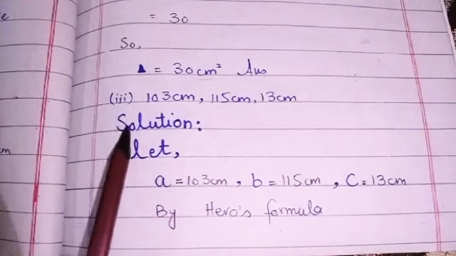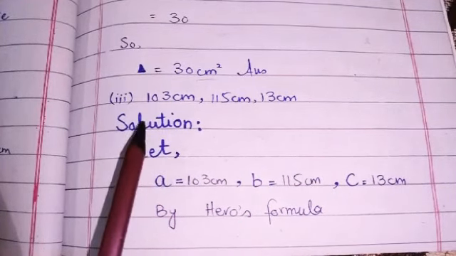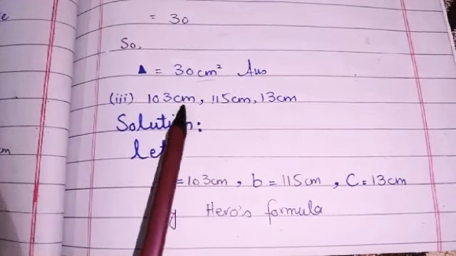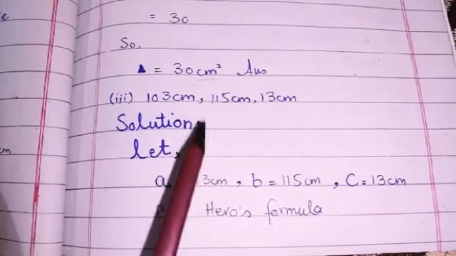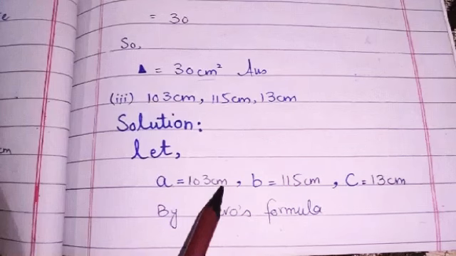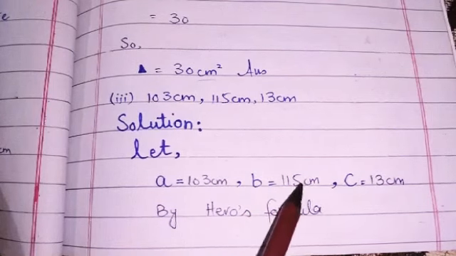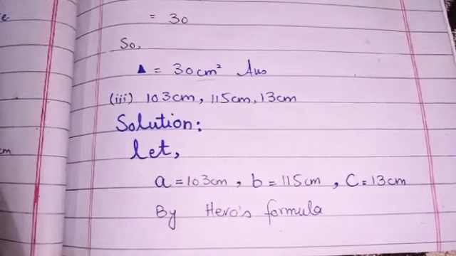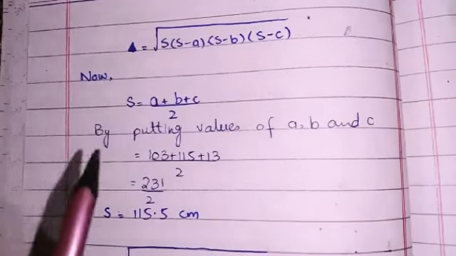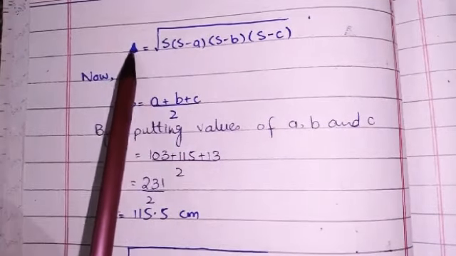And here is our part 3 of question number 2. The lengths given to us are 103 centimeter, 115 centimeter, 13 centimeter. Let us name them first. Let A is equal to 103 centimeter, B is equal to 115 centimeter and C is equal to 13 centimeter. By Hero's formula, students, here is our Hero formula.